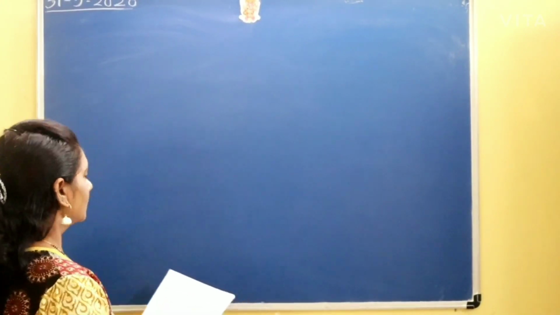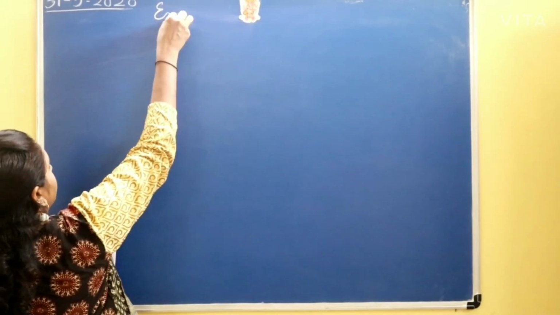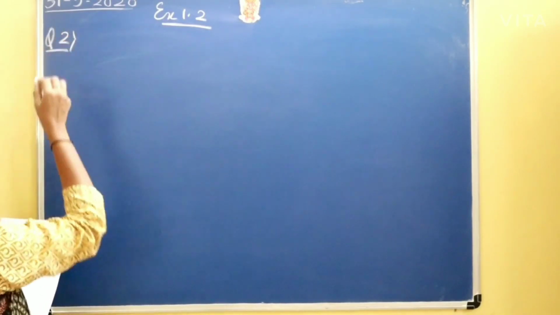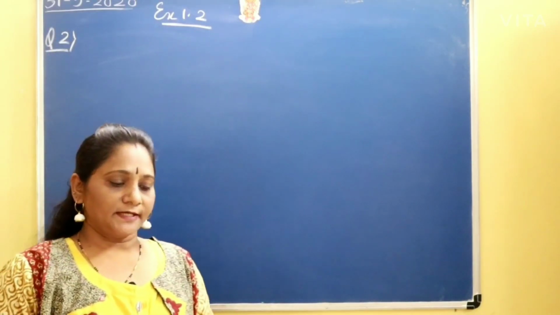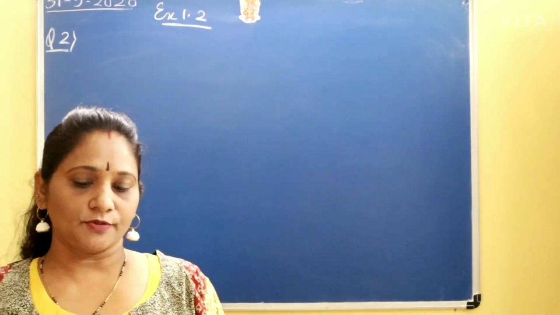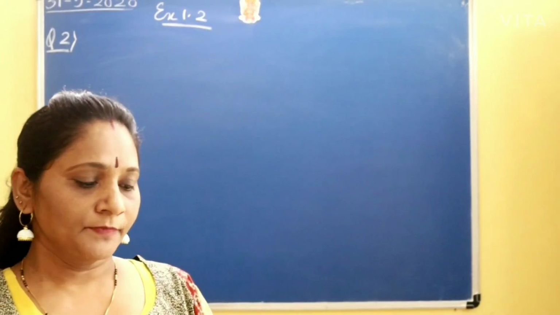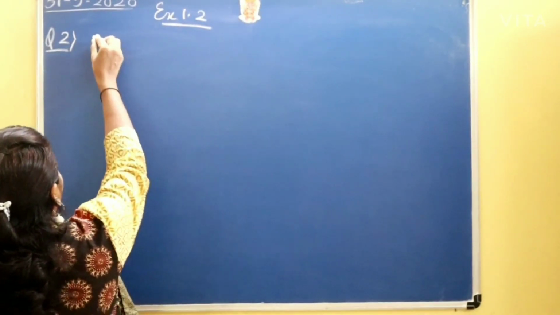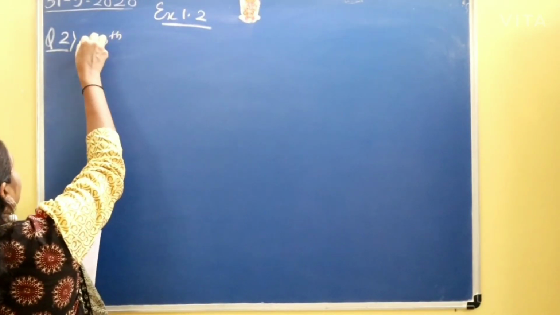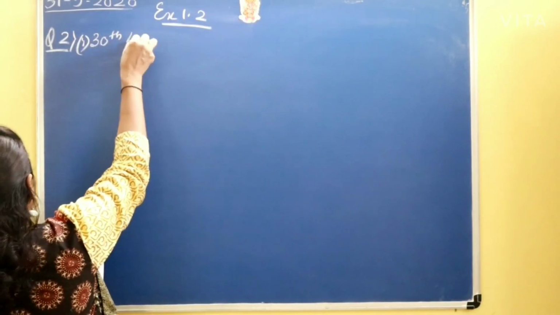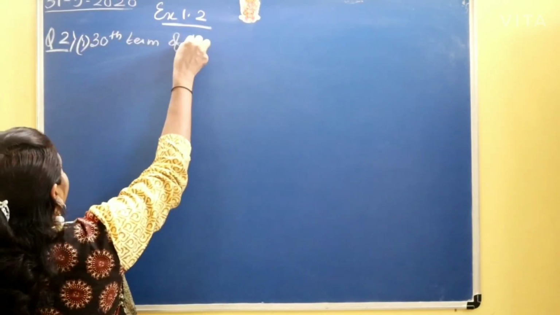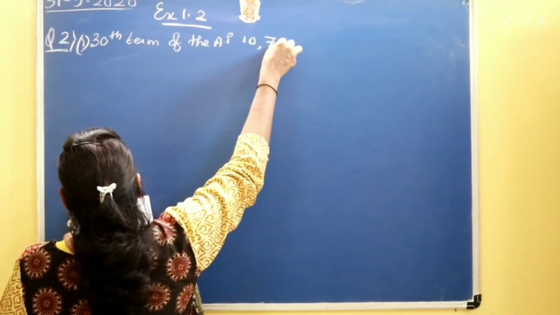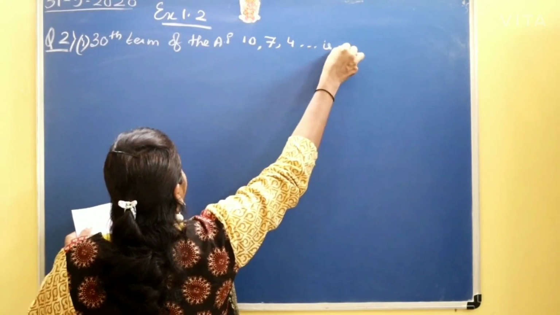The next question, that is Exercise 1.2, question number 2. Here they have told you, choose the correct choice in the following and justify. The 30th term of the AP 10, 7, 4 is dash.